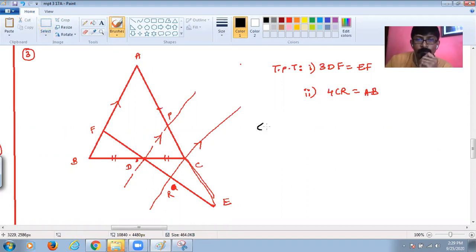So what is given is, okay, I'll read it once again slowly, gradually, and then you'll understand. Side AC of triangle ABC is produced to point E. And then it's given that CE is half of AC.